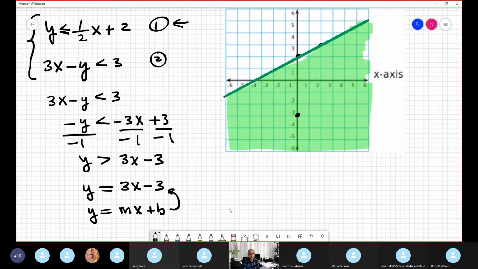It's lower 3. Therefore, rise and run: rise 3 and run 1. So from this point, 3 up: 1, 2, 3, and 1 to the right. We get that point.